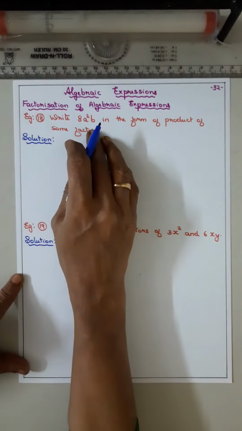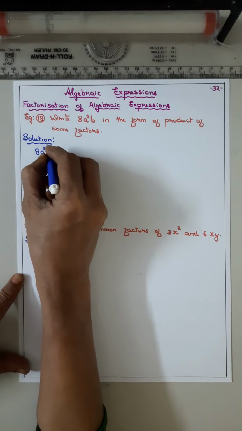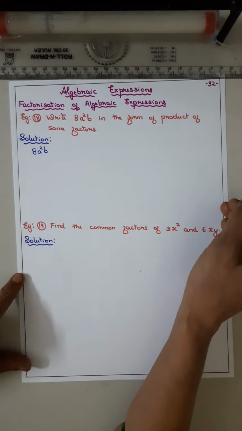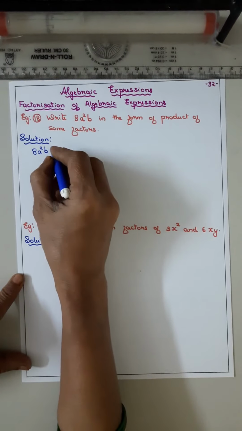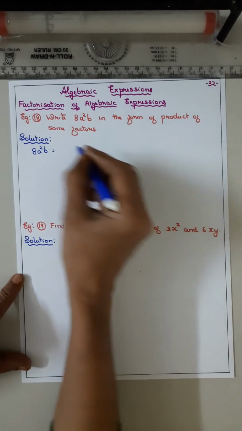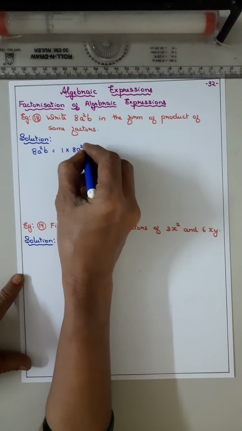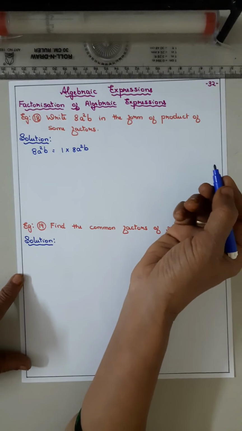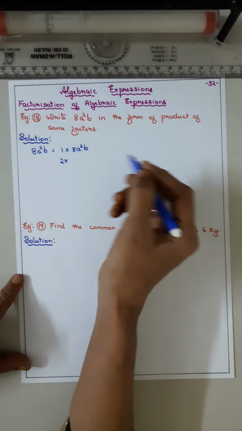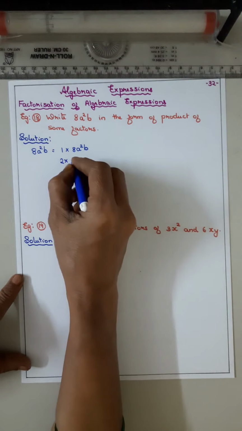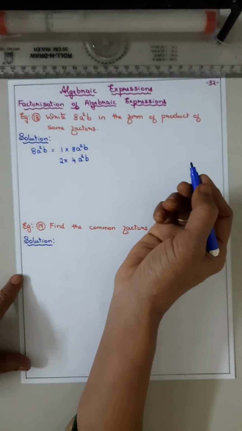Now there is an algebraic expression 8a squared b. Now you write this in the form of a product of some factors. So 8a squared b can be written as 1 into 8a squared b, isn't it? Or 2 into 4a squared b.